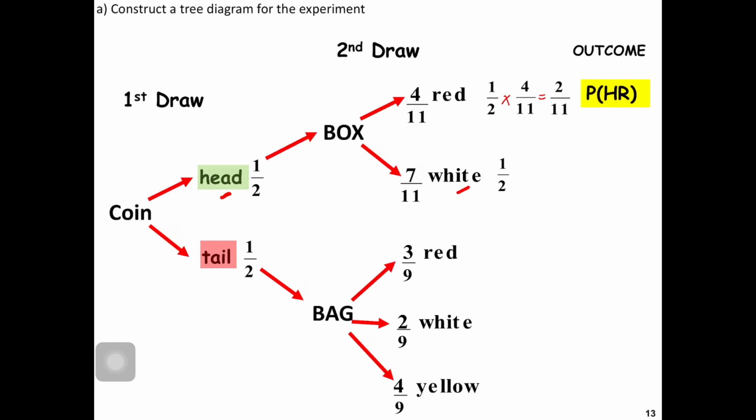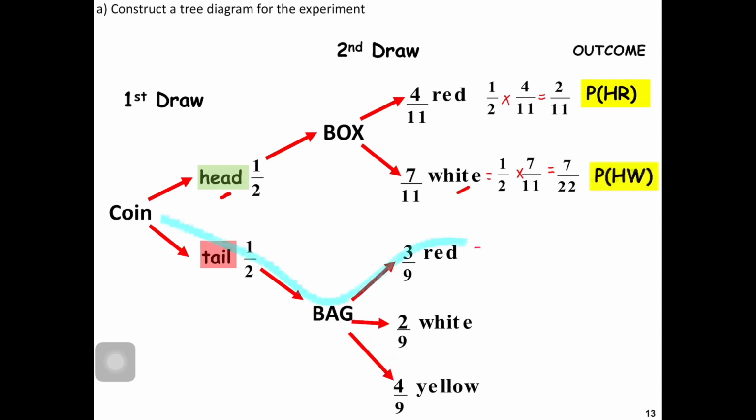So you will have 1/2 multiplied by 7/11. So you will get 7/22 for the probability of head and white, that is HW. For the third branch, the first row is tail and the second row is red.